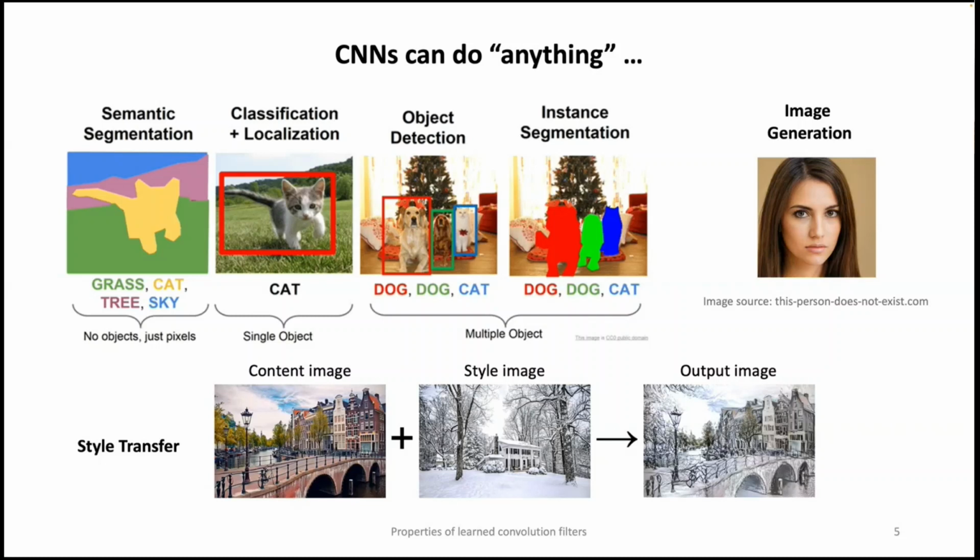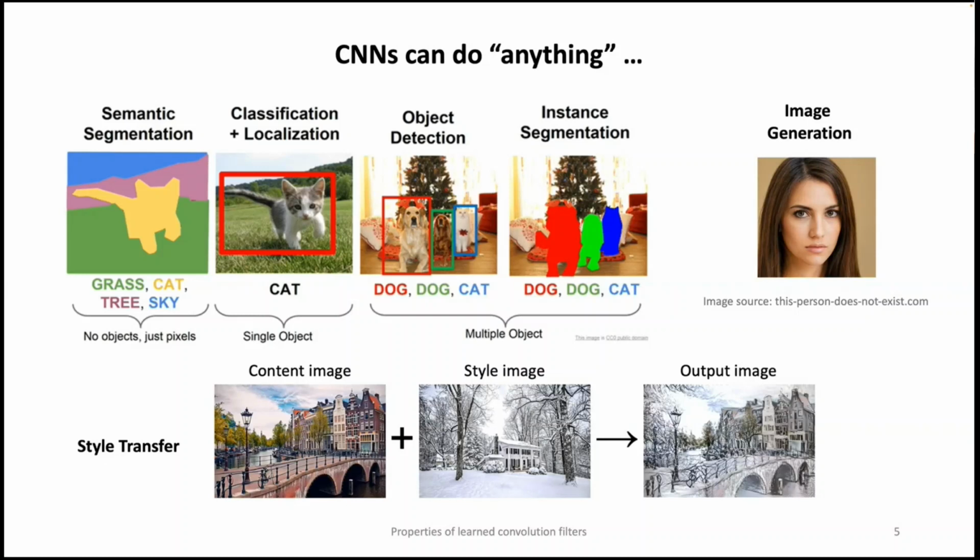A bit newer is also image generation, where you try to produce artificial images that the network has never seen. So you maybe see it already from the image source. The website is called thispersondoesnotexist.com, and this is a face that is purely generated by a CNN, and it looks nothing like the training images. And one last application I want to show you, there are of course many more, is style transfer.